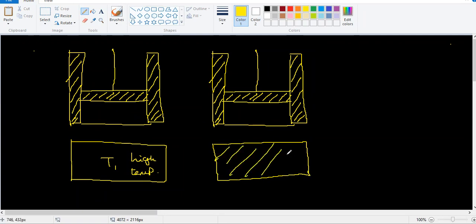So this is like an insulated piece here, which means if I put it over here, there is no heat going out.